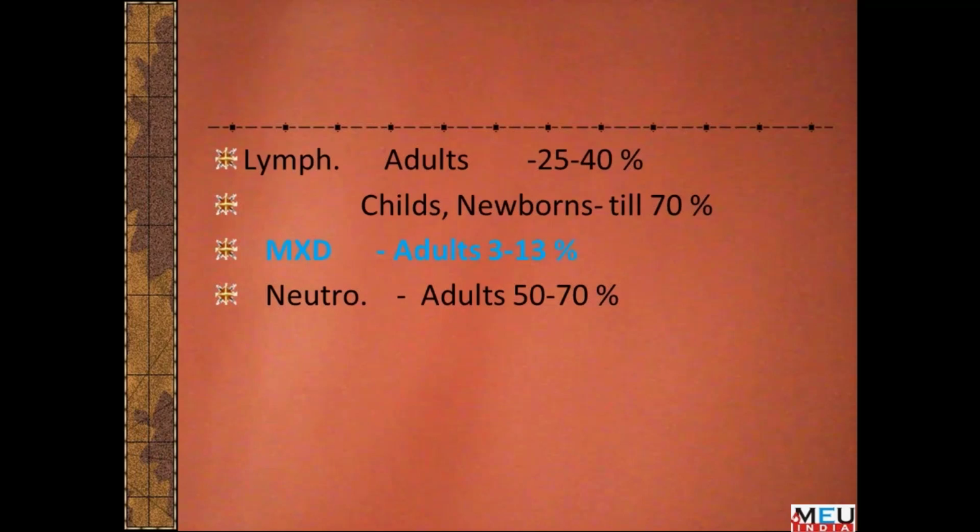The lymphocytes in adults are 25 to 40%, while in newborns there are usually more lymphocytes, and this gradually changes around 6 to 8 months, or even 1 year. The ratio reverses. In adults there is a mixed cell population comprising eosinophils, monocytes and basophils at around 3 to 13%, and neutrophils are 50 to 70%.